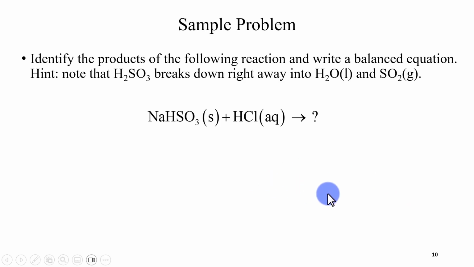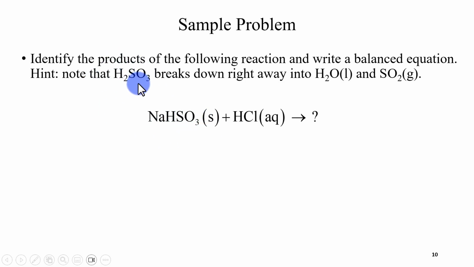Here's a sample problem for you to try. Identify the products of this reaction, then write a balanced chemical equation. Note that what I'm doing here is swapping. I take the sodium and I pair it with the chloride, the hydrogen with the HSO3.